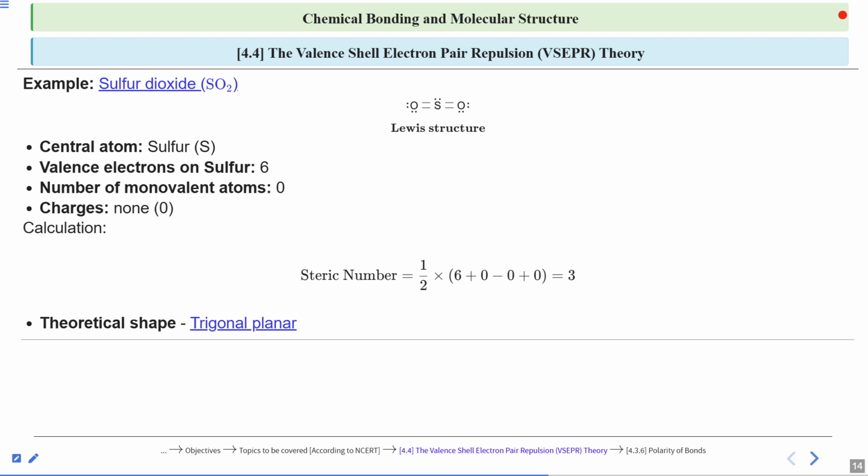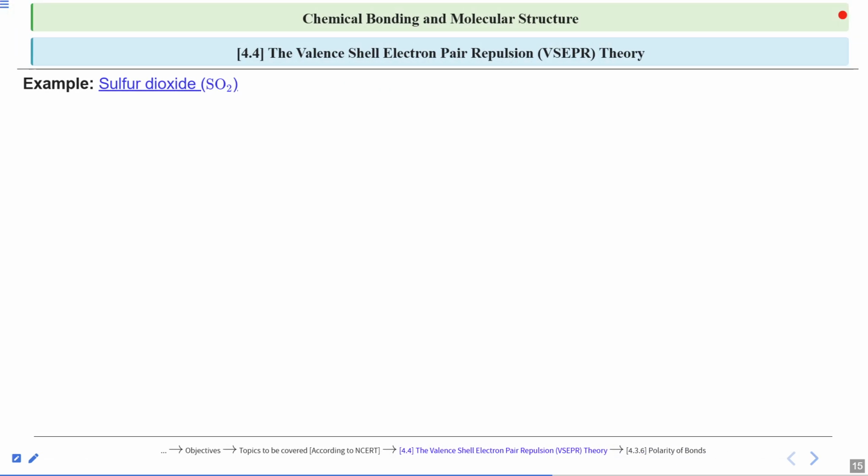Now let us take the actual case and compare it with the previous case. With the help of sophisticated techniques, it was seen that sulfur dioxide has a bent shape. Now what is the meaning of this bent shape? So this is the bent shape that we see. If you look at this Lewis structure here, this lone pair is repelling this bond pair.